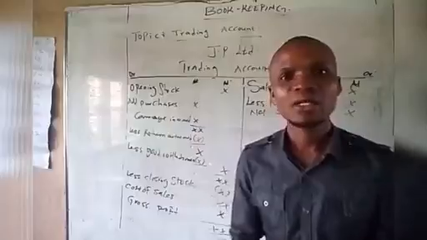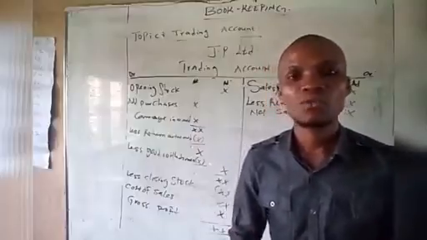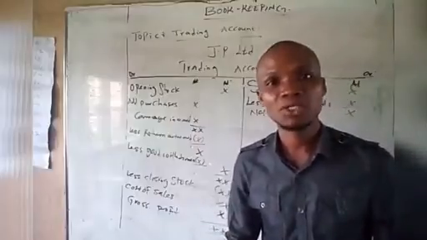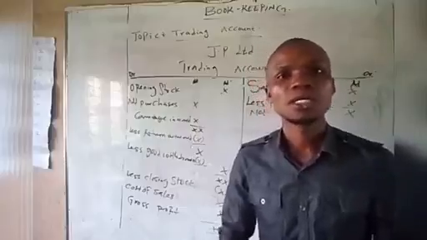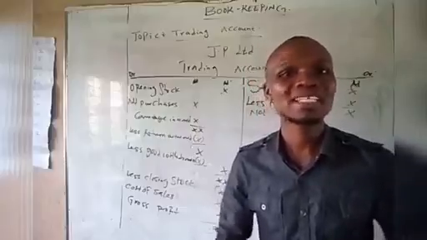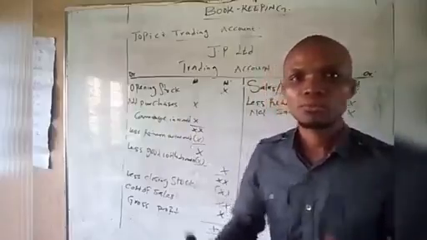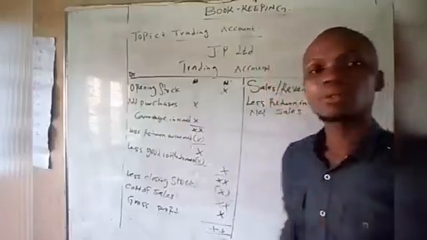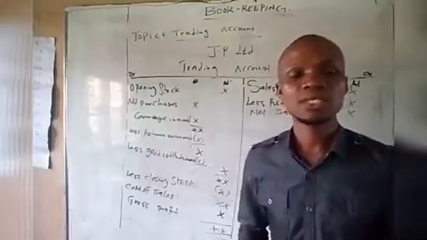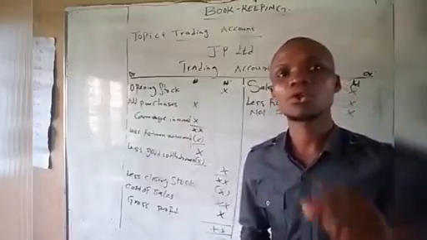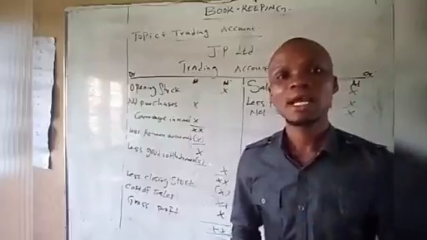It also provides information for decision making, provides avenue for operational cost control, helps to show the operational cost at a glance, and also helps business owners to plan on how to grow the business. So these are some of the purposes or importance of trading account.